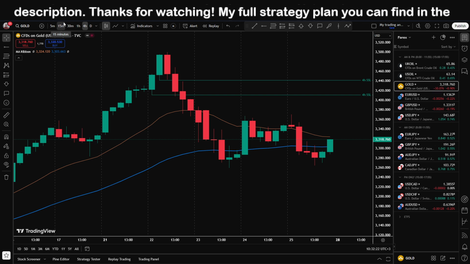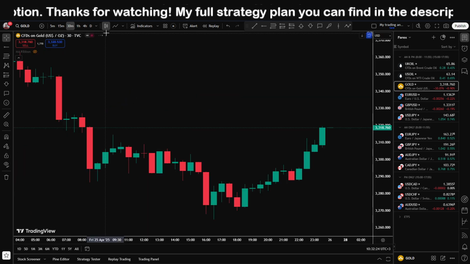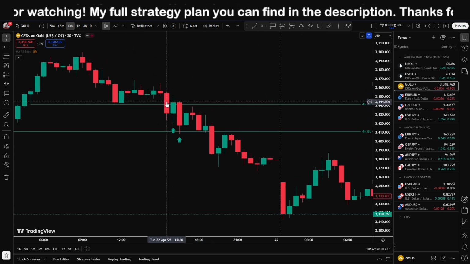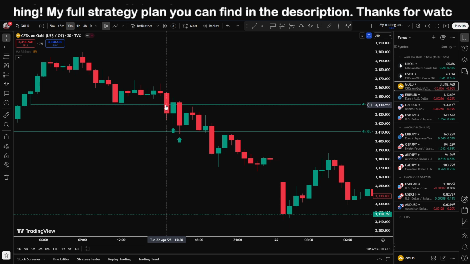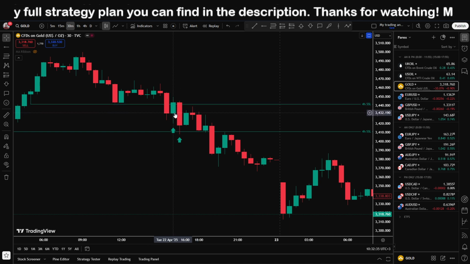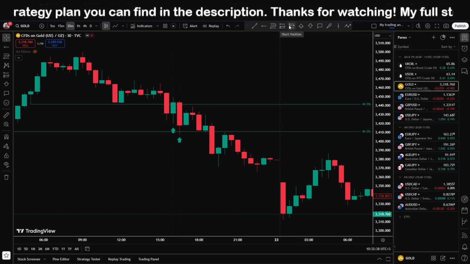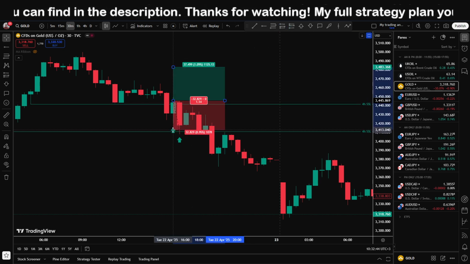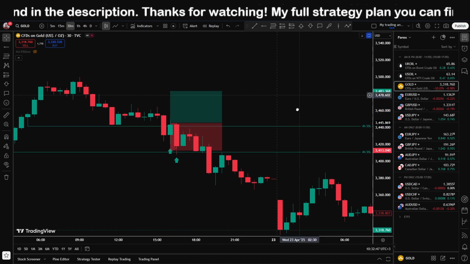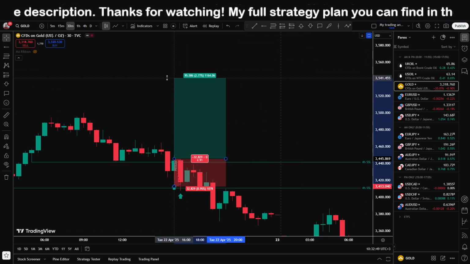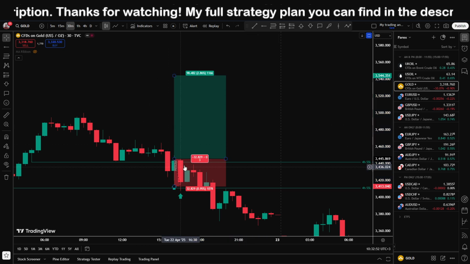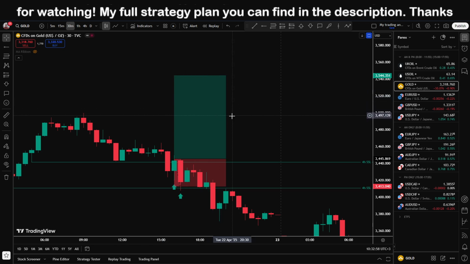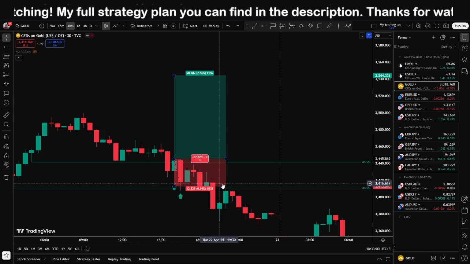Let's move to the 30-minute time frame for the first gold trade right here. You can see that we have the bearish bar, then the bullish bar, stop loss under the wick, again risk reward ratio 1 to 3, but you can see how the price didn't go in my direction, so I take a loss.